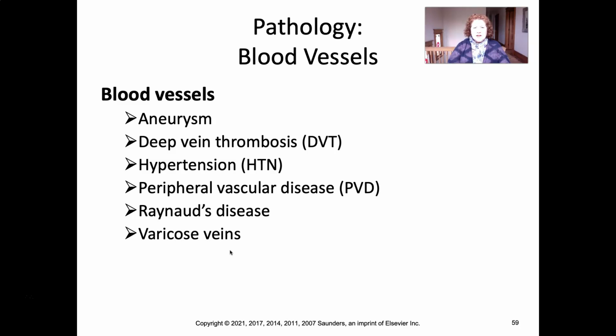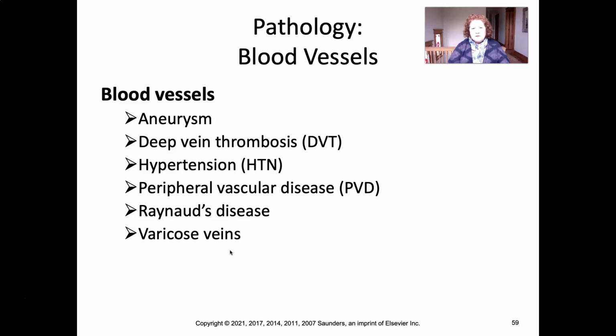There's something called deep vein thrombosis, DVT. You may have heard of someone who got a DVT in their leg. They had some kind of a clot develop in their vein, and that causes issues. The clot can break off and travel up to the lungs and cause a pulmonary emboli or embolus. Embolus if it's singular, emboli if it's plural, and that can cause major issues.